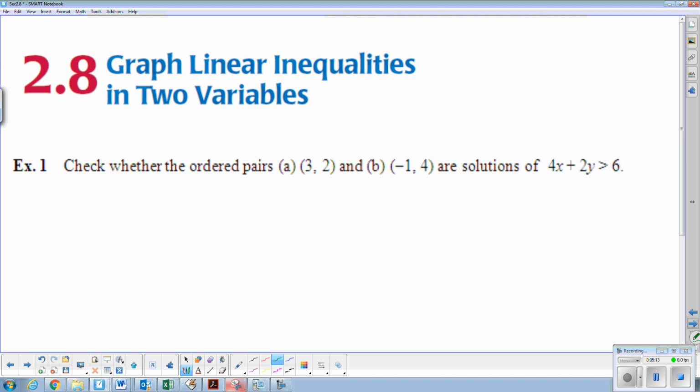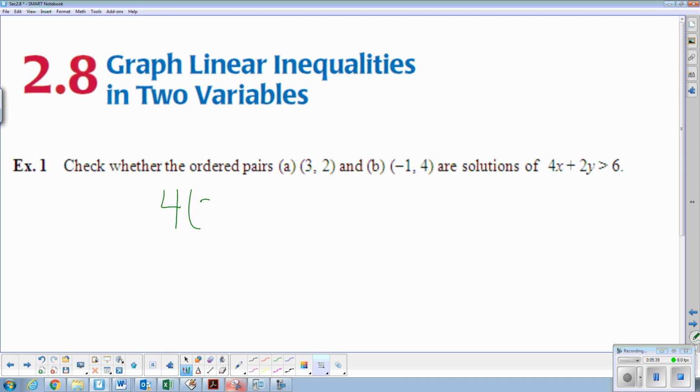So let's try a couple where we're checking our solutions. It says check whether the ordered pairs (3, 2) and (-1, 4) are solutions for 4x plus 2y is greater than 6. So to do this, we're just going to substitute our x and y coordinates into our inequality. So our inequality 4x plus 2y is greater than 6. Let's see if (3, 2) is a solution.